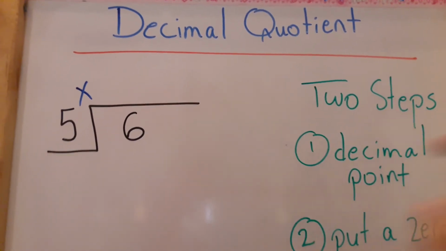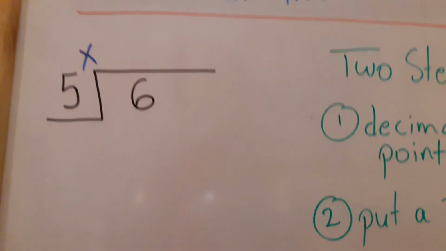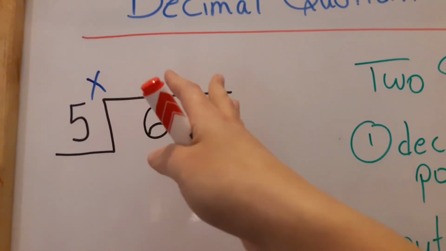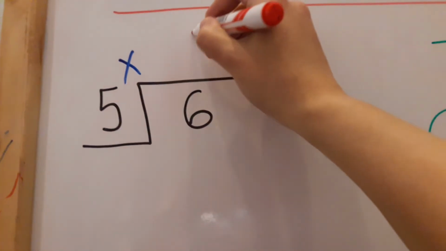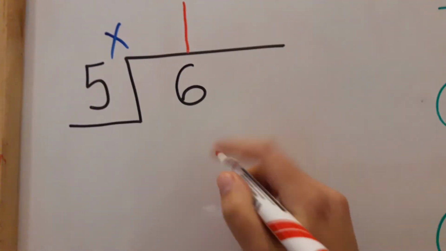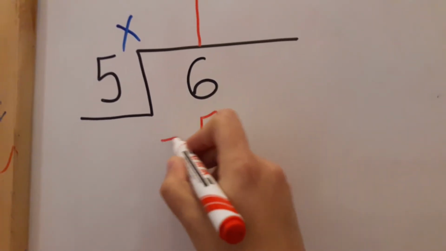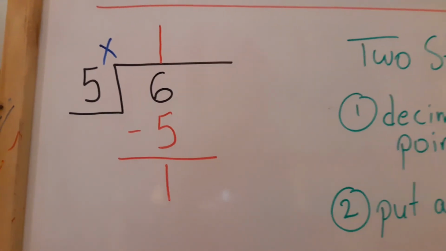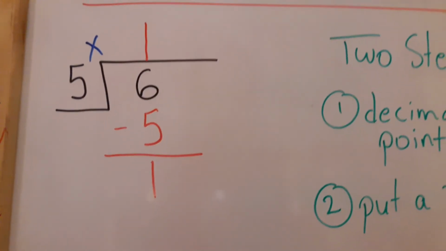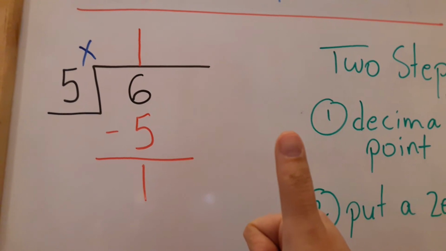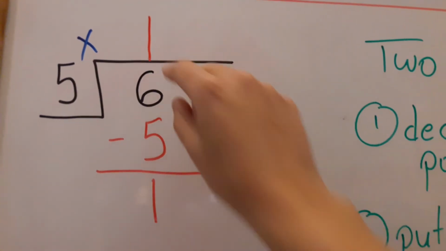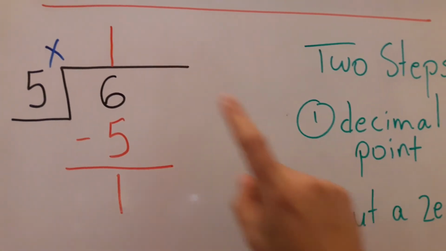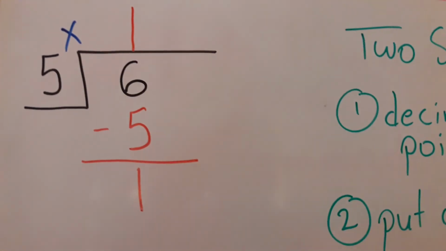Our last example, let's divide 6 by 5. 5 times what gives me 6, or a number closer to 6? 1. 1 times 5 is 5. Let's subtract: 6 minus 5 is 1. What are we going to do? The first step, we're going to put a decimal point.